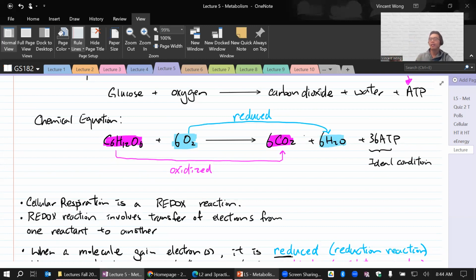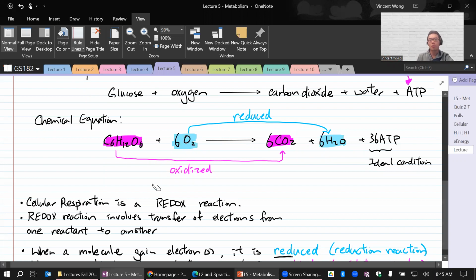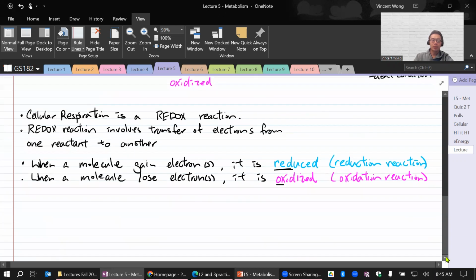It's like baking a cake. You start with the flour and the eggs and the butter, right? They don't just magically become the cake. You gotta mix them together. You gotta put it in the oven. You gotta do a bunch of stuff in between before you get the final product, right? So what we see here is just the raw material and then the final product. But in between, there's a lot of steps that we have to go through. So that's what we're gonna be learning.